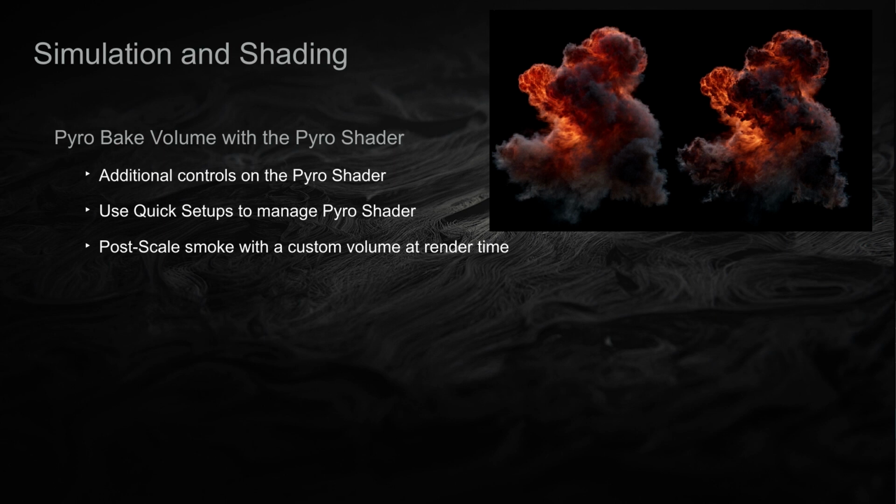So as I said, the smoke density can be scaled on the Pyro shader using a control volume, and by default this is temperature, and this will allow us to do some super nice tricks which were not possible before. What you see here is the side explosion rendered on the left side without the control volume scale.